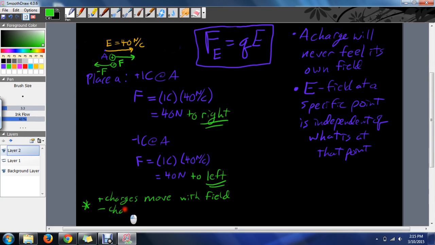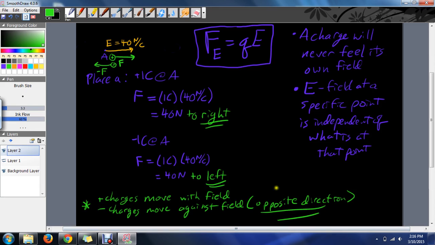Negative charges move against the field. Or in other words, they do the opposite direction. This is very important to remember, that negative charges always do the opposite of what positive charges do.